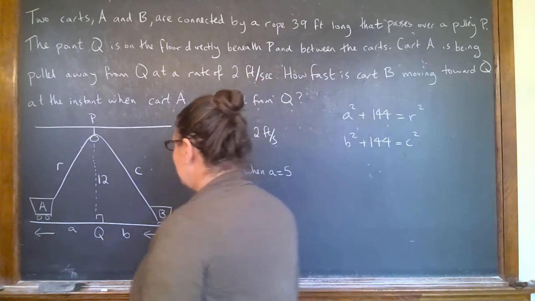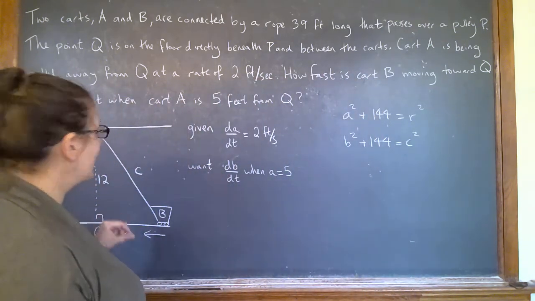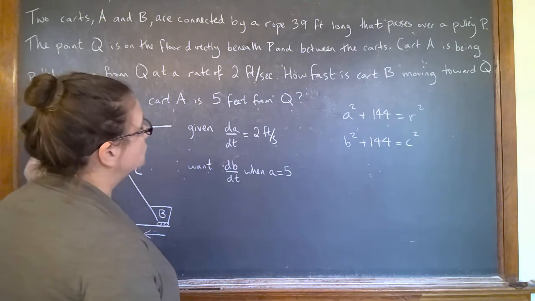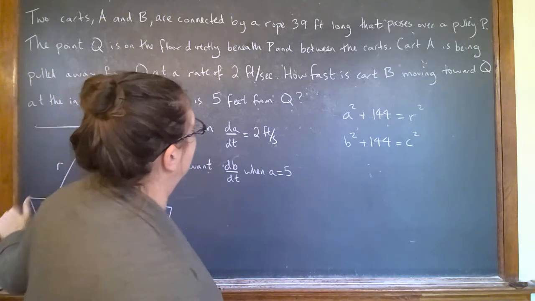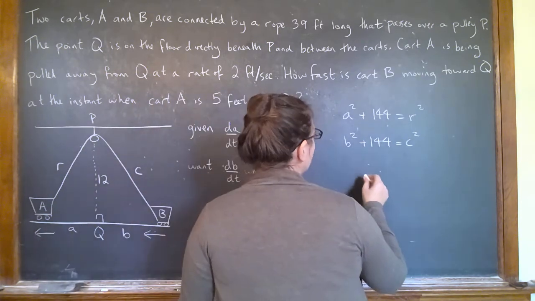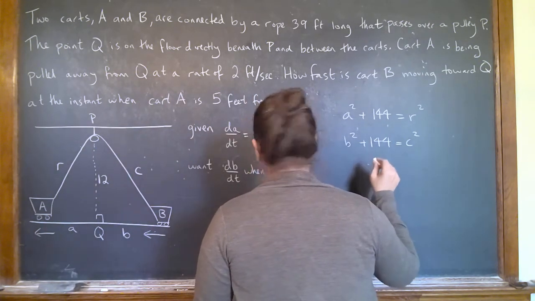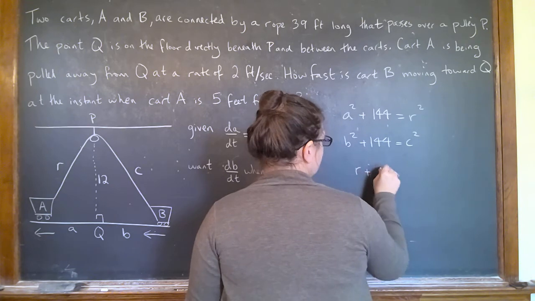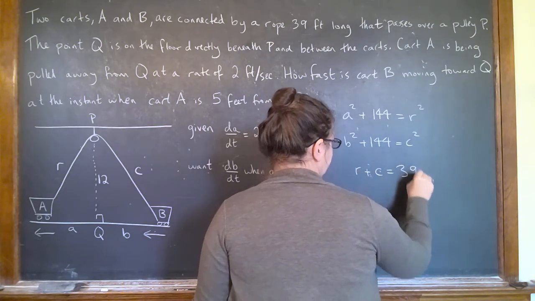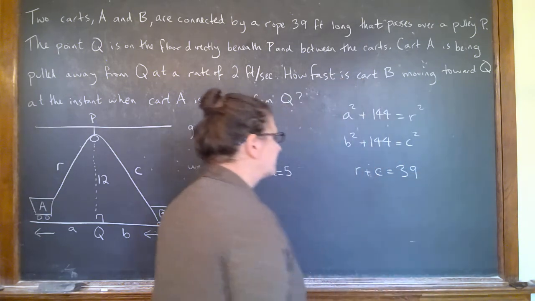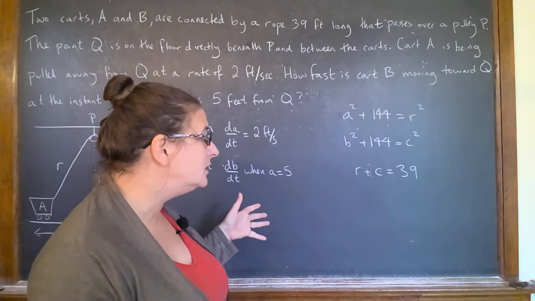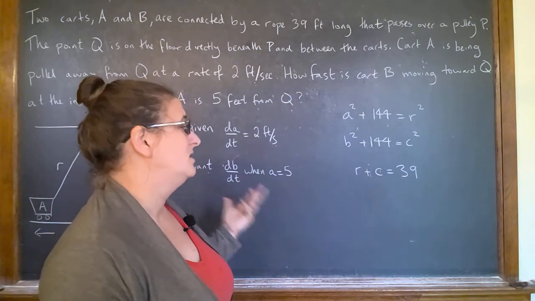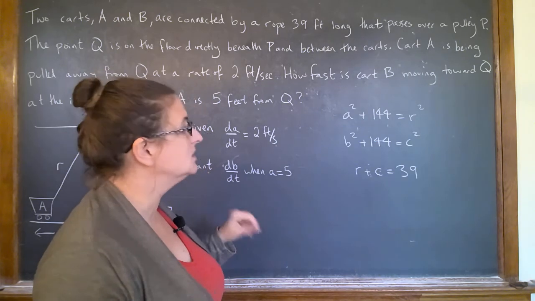The other piece of information that we have is that the rope that passes over the pulley is 39 feet long. That gives me a relationship between R and C: R plus C is 39. So we have 4 unknowns and 3 equations.